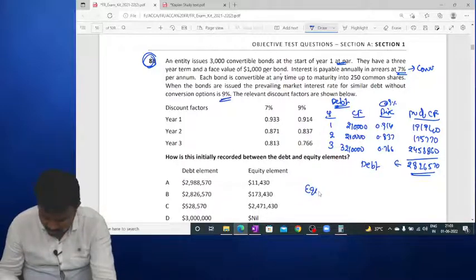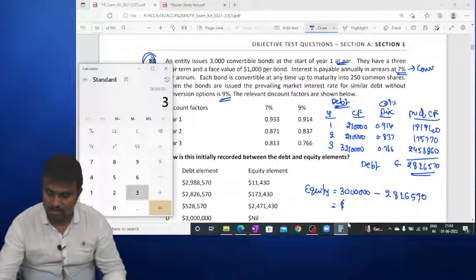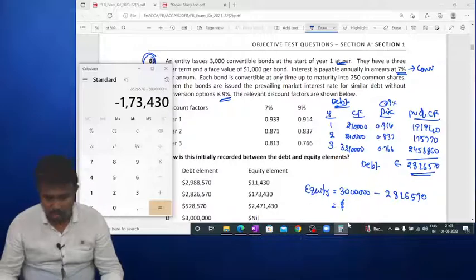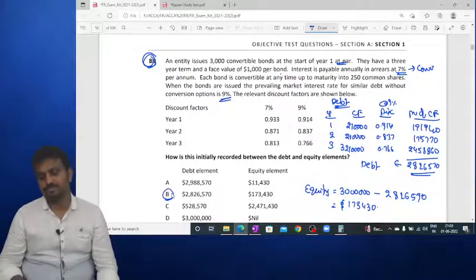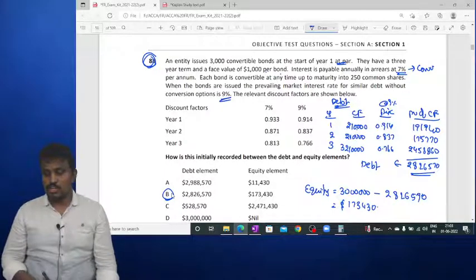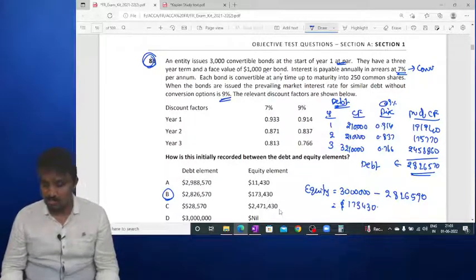Then equity element is equal to total value, so 30 lakh minus debt element 28,26,570 equals 173,430. So the option is D. Element of debt 28,26,570 and equity element 173,430.